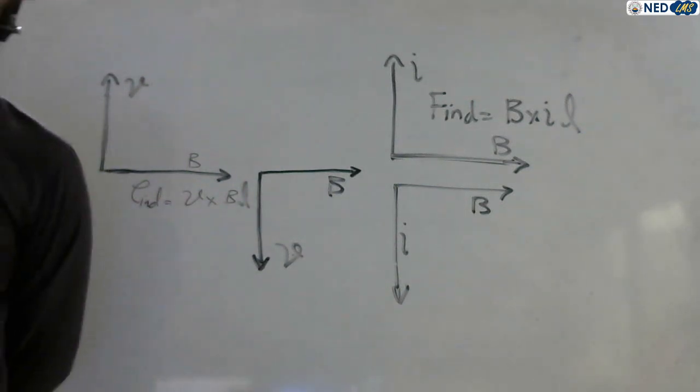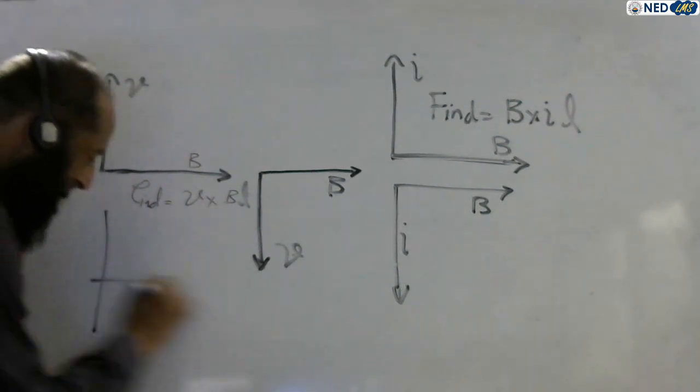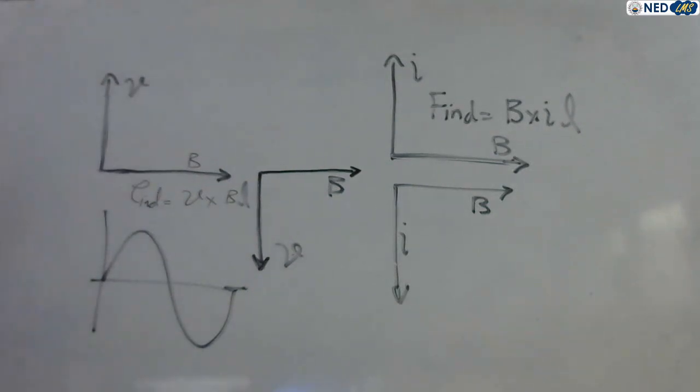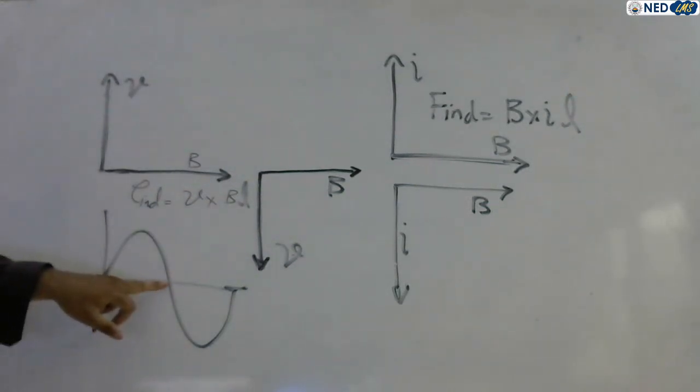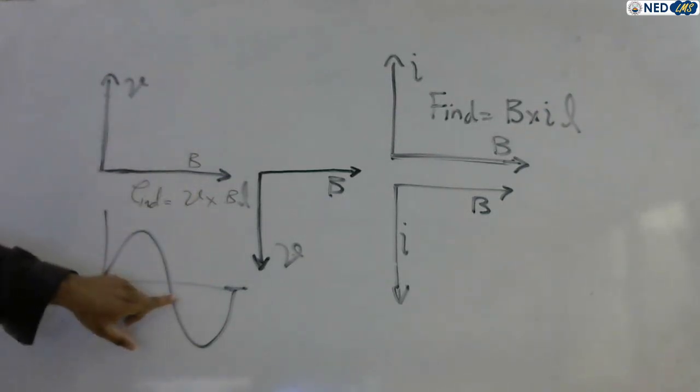In AC, we have a rotating magnetic field, and I forgot one thing to tell you. See, when the positive cycle of magnetic flux comes, it forms a north pole, and when the negative cycle of magnetic flux comes, it forms a south pole.